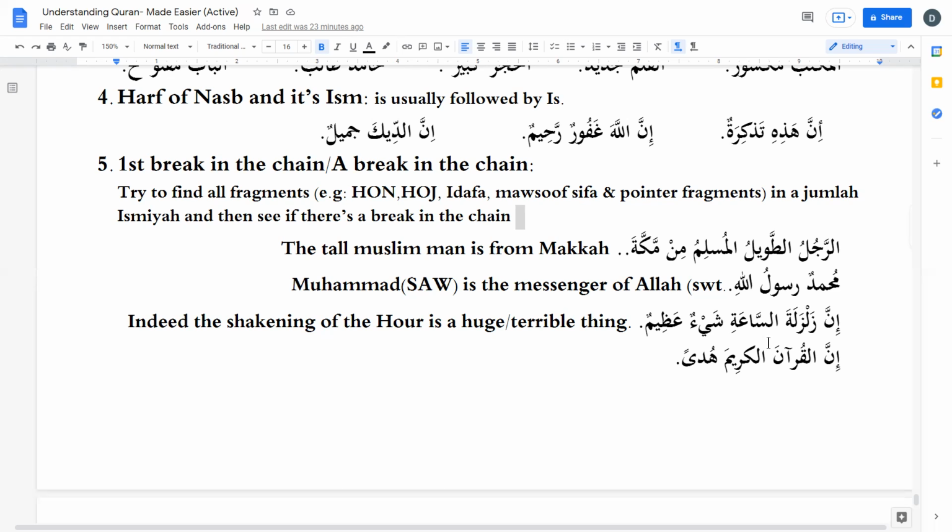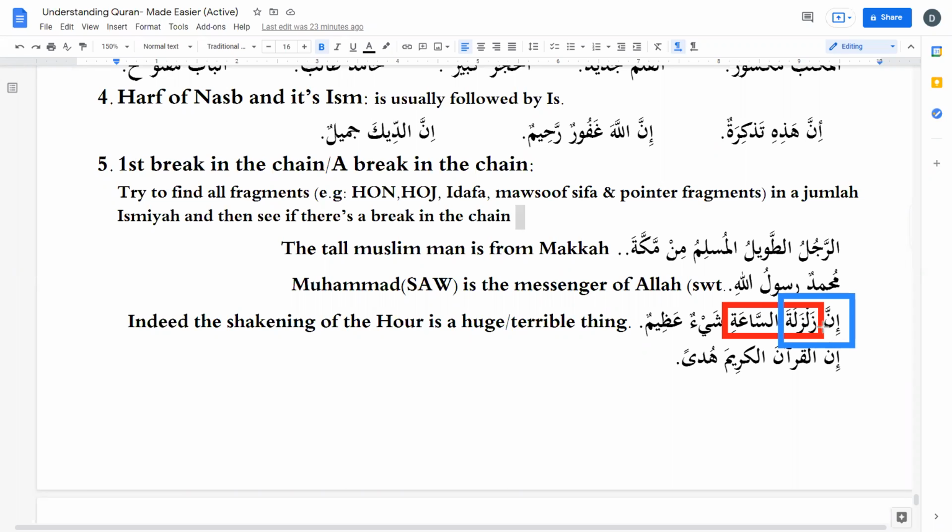Yes, idafa fragment. Mudaf, mudaf ilayh. You are right. MashaAllah. So this is a fragment, and another fragment is inna zalzalata, which is harf of nasb fragment. And zalzalata as-sa'ati is idafa fragment.